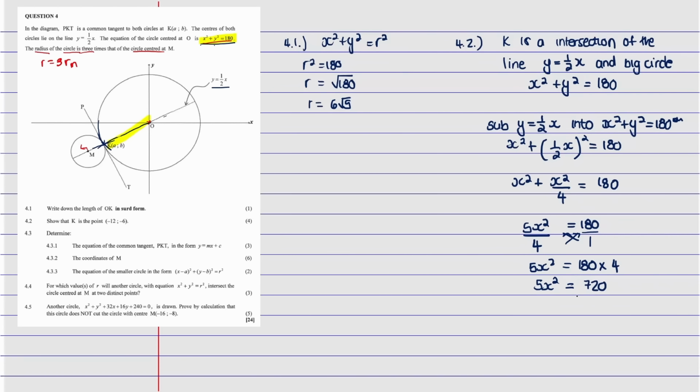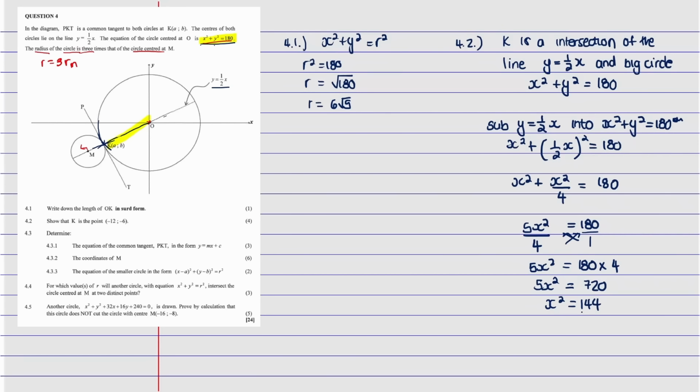So it's going to be 720 divided by 5. You're going to get that x squared equals 144.